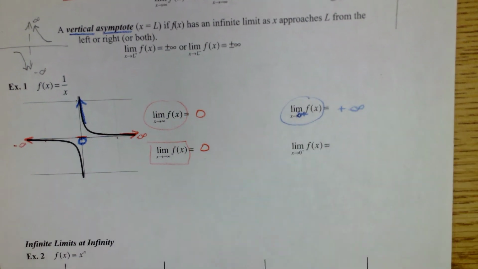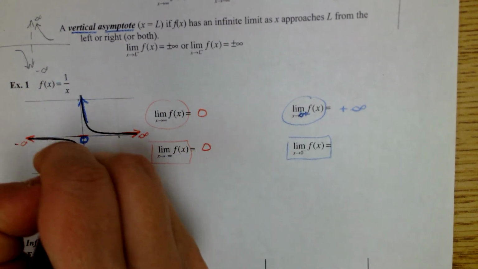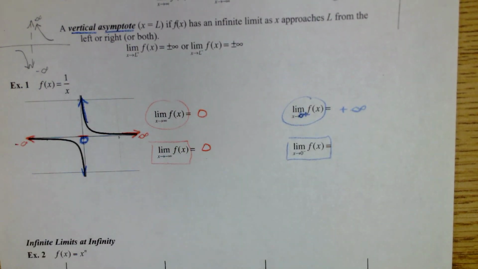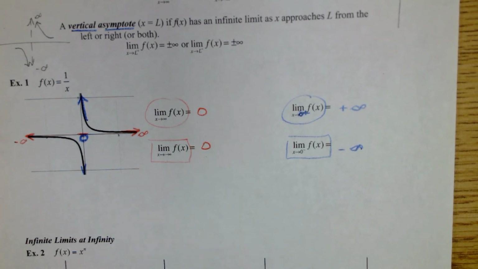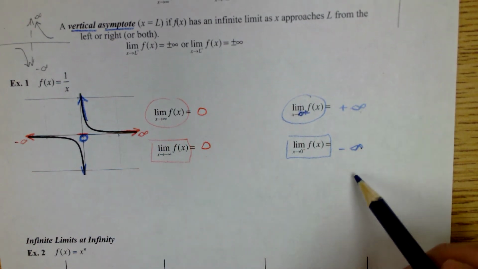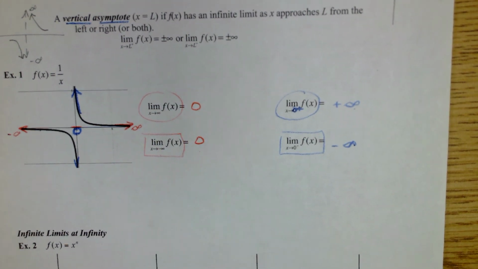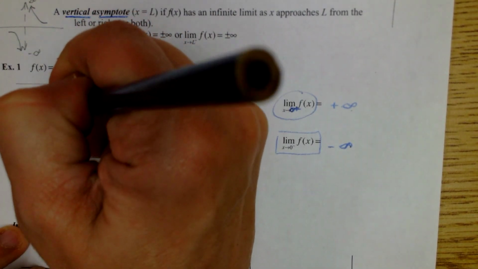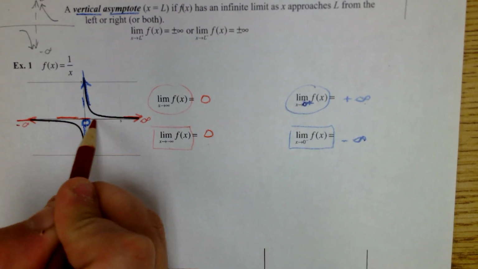Positive infinity. And if we look over here to the left, 0 from the left, going down, we would have negative infinity. Those two things, negative and positive infinity in opposite directions, prove the vertical asymptote exists. So here's my vertical asymptote in blue. Here is my horizontal asymptote in red.